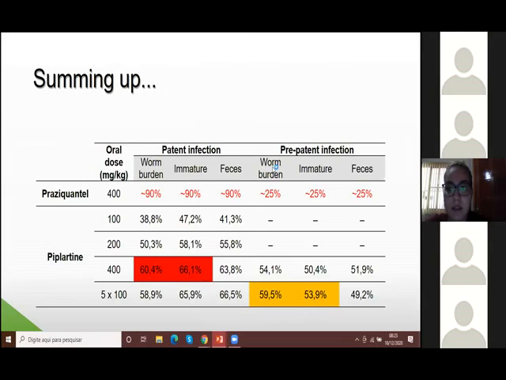On the other side, the pre-patent infection was better with praziquantel, reducing around 25% of the worm burden. This reduction is not considered effective, but piplartine reduced around 60%.